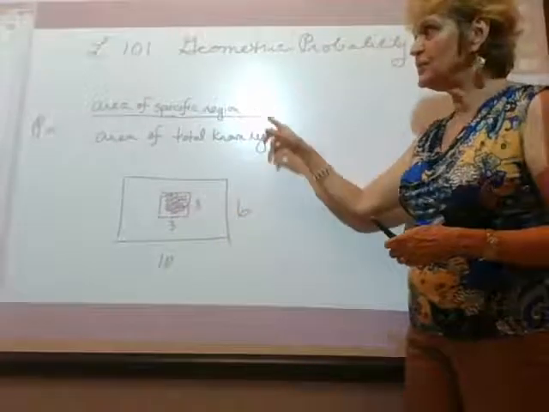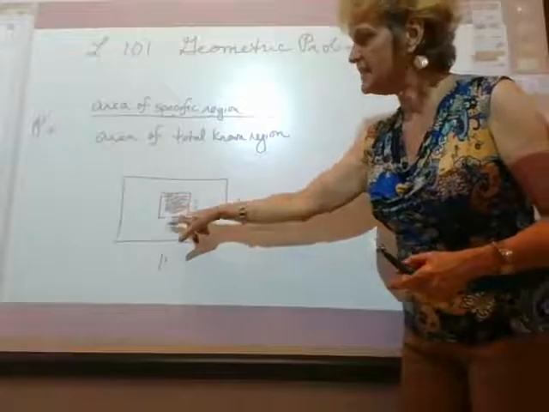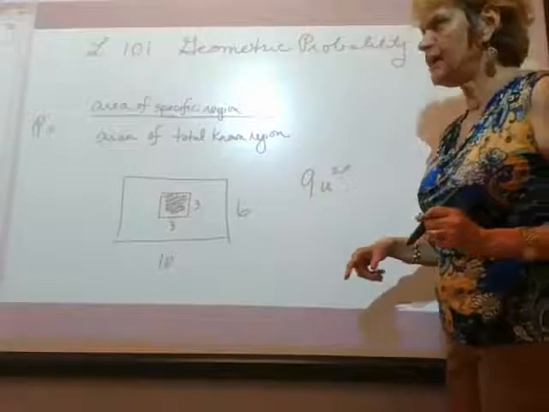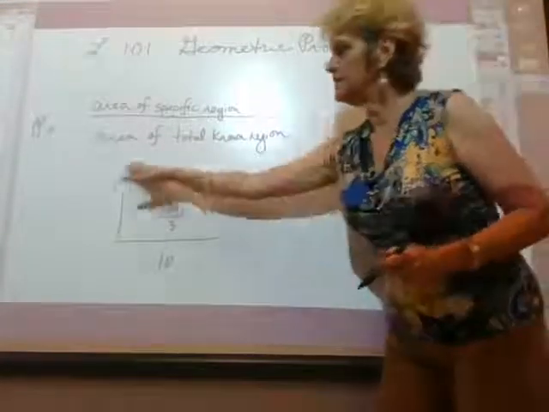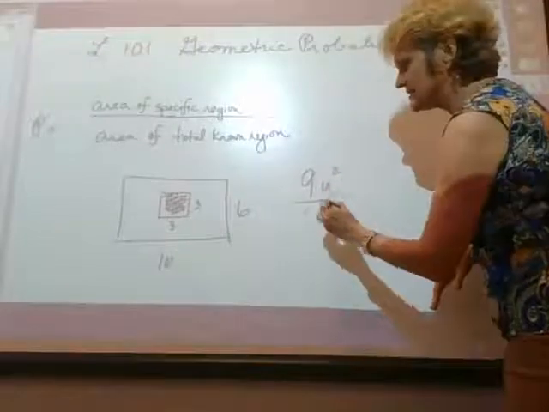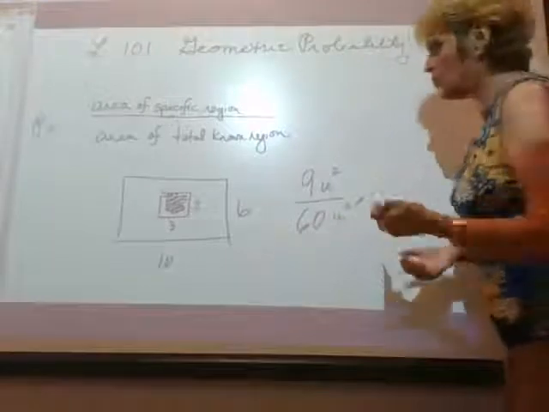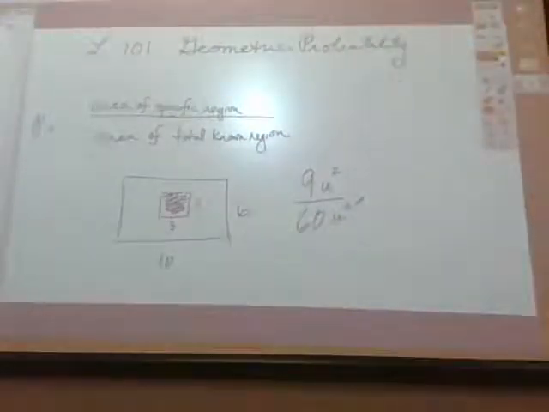So what you do, get the area of the specific region, okay, which in this case 3 by 3 would be 9 units squared, okay? And the area of the total known region, 10 by 6. Let's see what that probability would be.